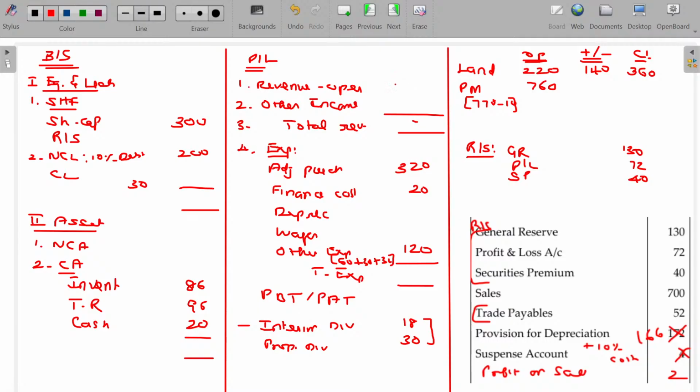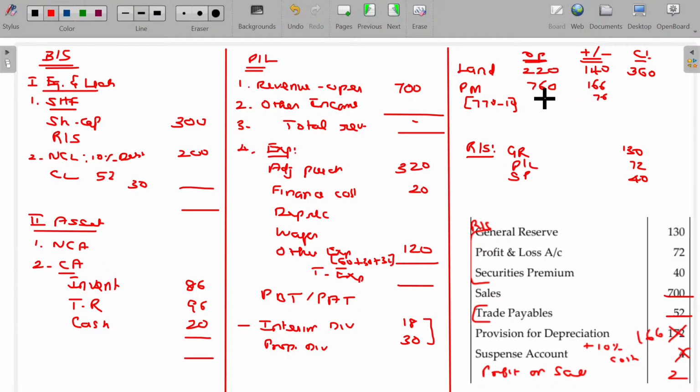sales 700, which is the main revenue, trade payables 52, and provision for depreciation 166 in the beginning, 172, after subtraction it is 166. This year you have to create another 76 rupees.